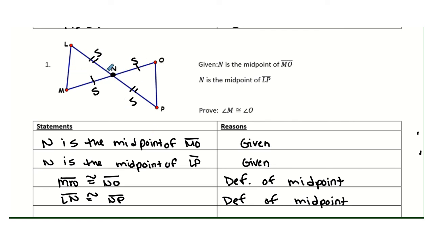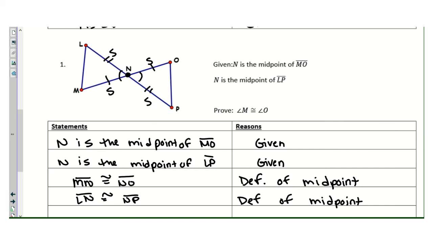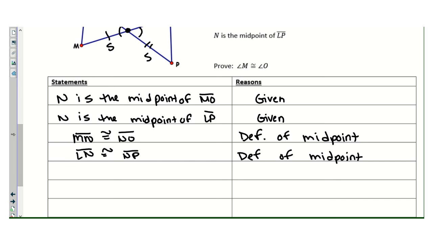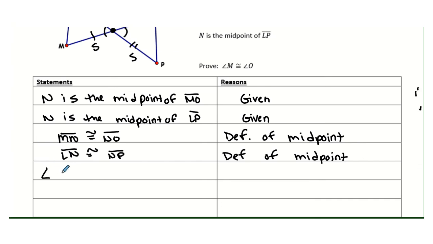Well, I have vertical angles right here, right? So I can say that this angle is congruent to this angle. So angle, gotta scroll down, oops. Angle LMN is congruent to angle P. Oops, I'm not doing this right.